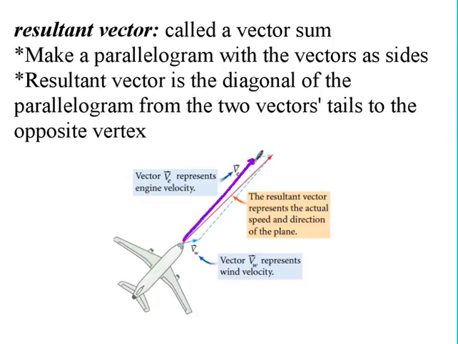Here's the velocity vector, in purple. Here comes the wind, which is going to push you this direction. So I'm going to make a parallelogram by translating the blue vector up to the top, and the purple vector to the right. The resultant vector, or the actual course that plane takes, is here in the middle.